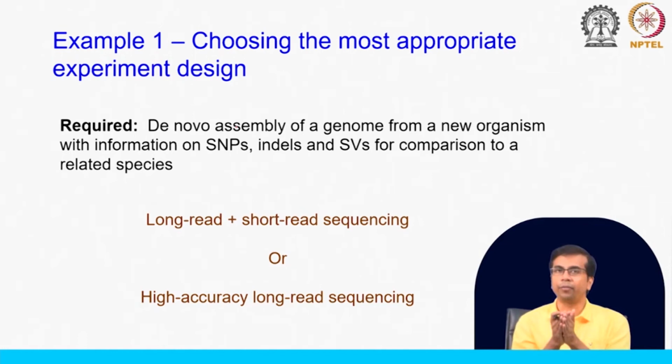So, they will be more useful for this single nucleotide polymorphism study or indel study. So, this is one solution. The other solution, if you have access to high accuracy long read sequencing. So, as we have talked about, for example, hi-fi reads in SMRT or the consensus sequencing in nanopore technology. So, this is the solution.